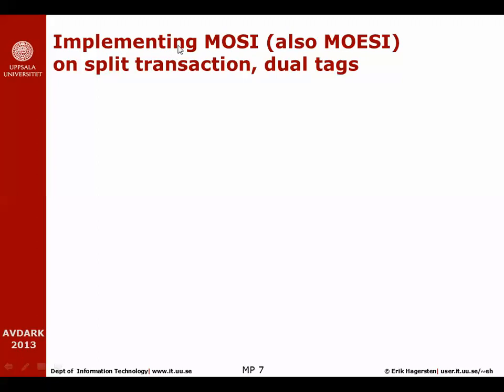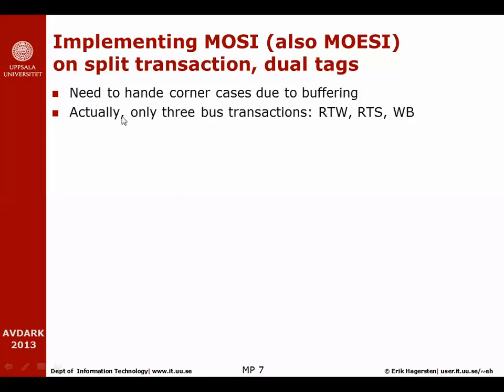To implement MOSI on the split transaction bus with dual tags and buffering, we need to handle several corner cases, one of which we just looked at. And in order for us to do that, we will actually put a dual role on some of the transactions. We will actually only have 3 bus transactions instead of the previous 4 bus transactions.